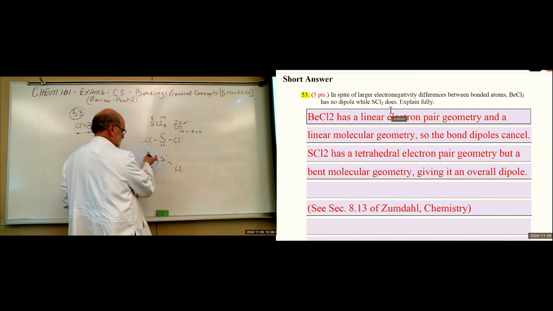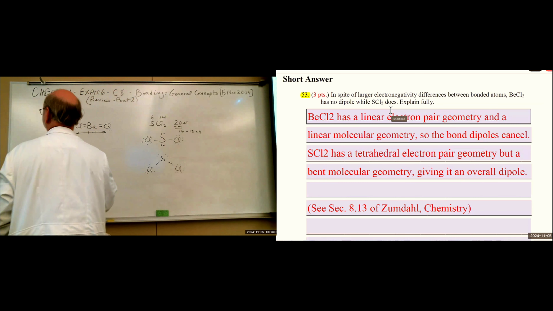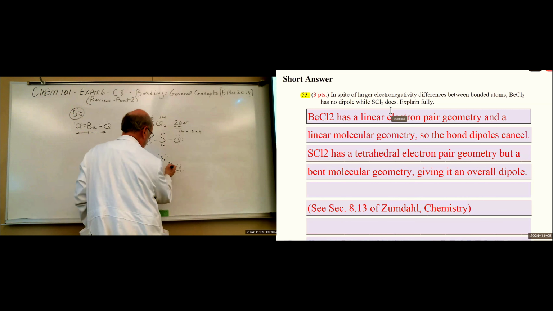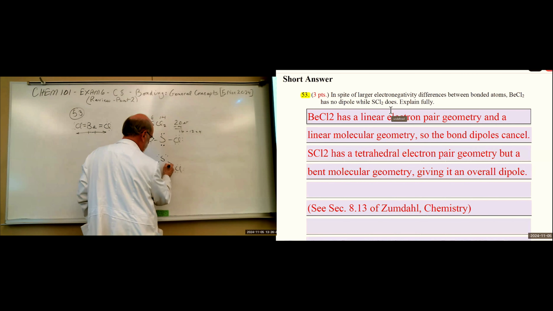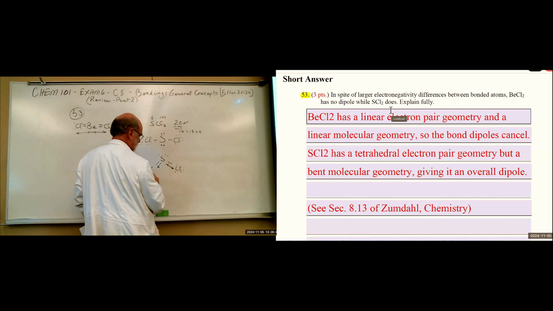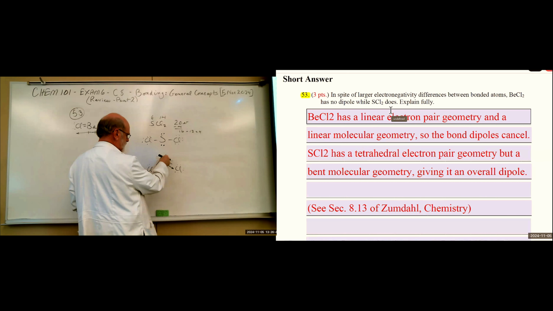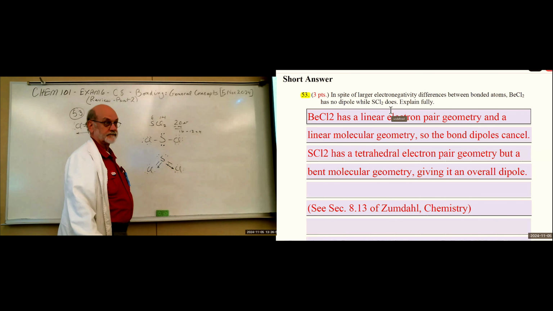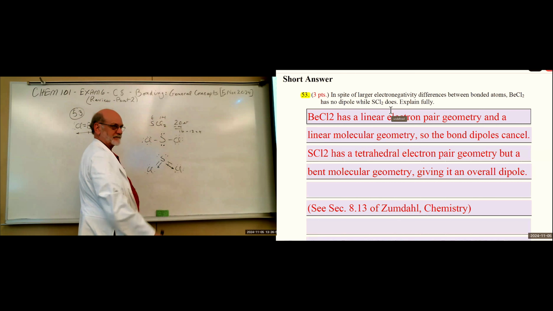So which way is the chlorine's to the right of sulfur, so it's probably that way for the bond polarity. But these lone pairs up here draw it that way, so I'm not sure which way it would go. Whether it would go this way or that way.